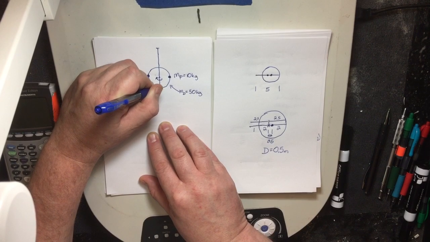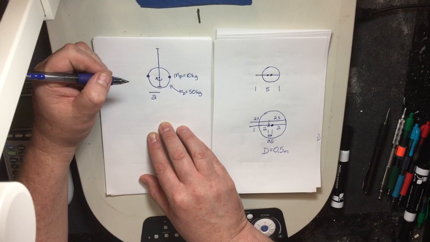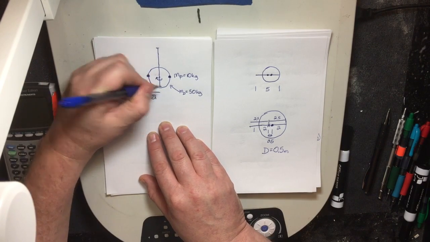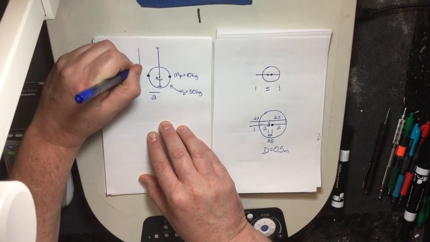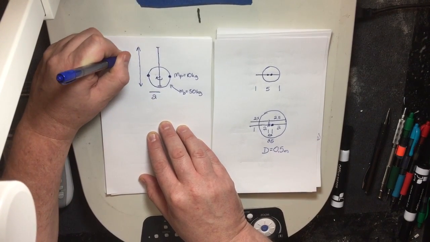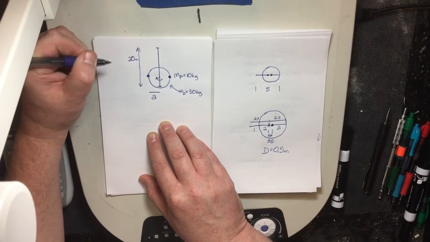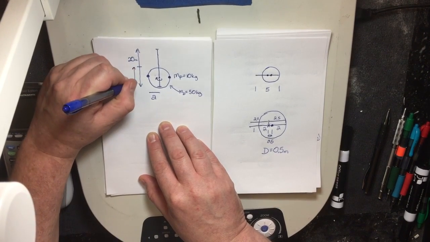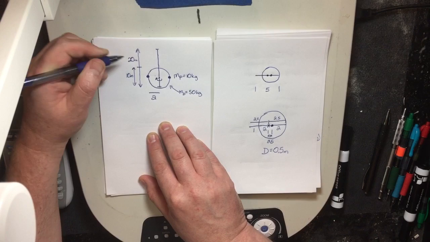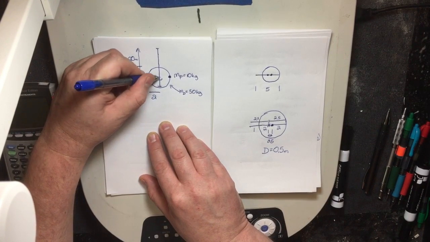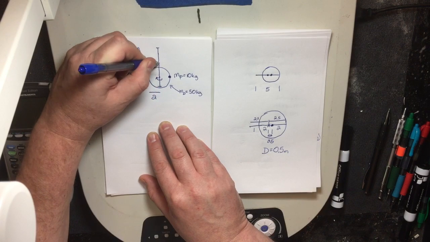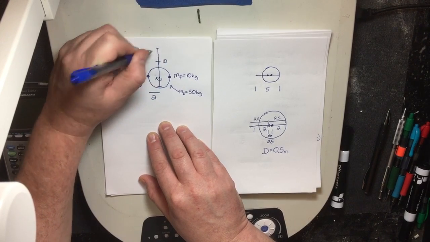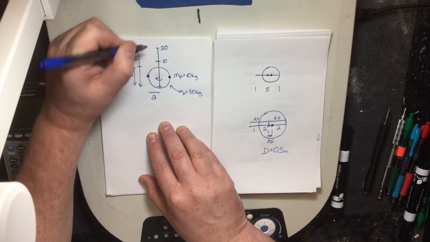And then this stick is 20 meters, which means that the distance to its center of mass is 10 meters. So 0, 2, 4, and then 10 and 20, not to scale.